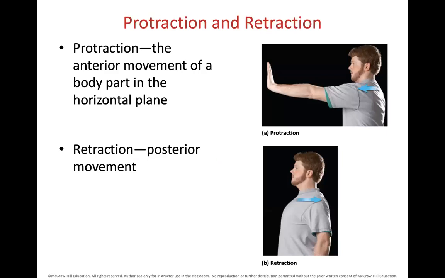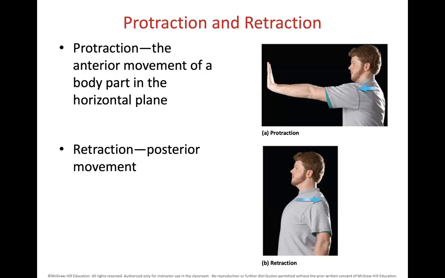And then protraction and retraction. Pro means forward. So protraction is where you're moving a part of the body forward. Here in that diagram, we're looking specifically at the shoulder. If you push a door open, you can think of it that way, you're moving your shoulder forward in the horizontal plane.